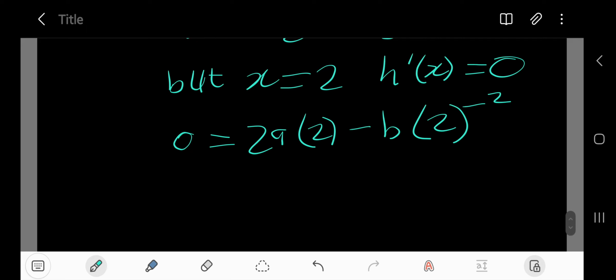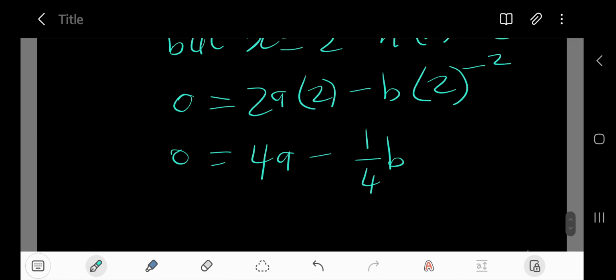So this is going to be 4a, and this is going to be minus 1 over 4b. Let me just make sure 2 to the power negative 2 is indeed 1 over 4. So it's minus 1 over 4b. So that's what we have there.